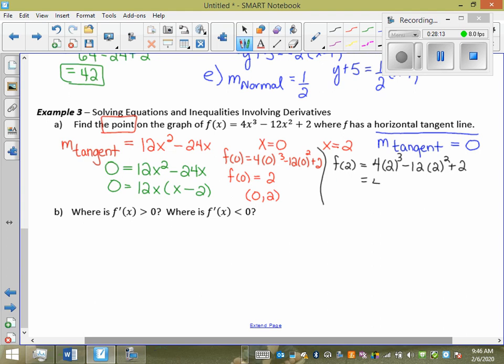So I get 4 times 8 minus 12 times 4 plus 2, which is 32 minus 48 plus 2, which is? So my other coordinate is at 2 and negative 14. I know I said it was a typo.